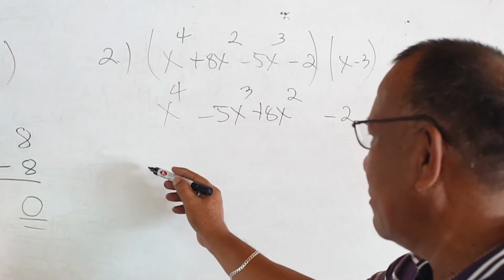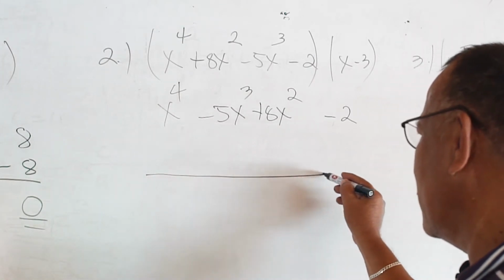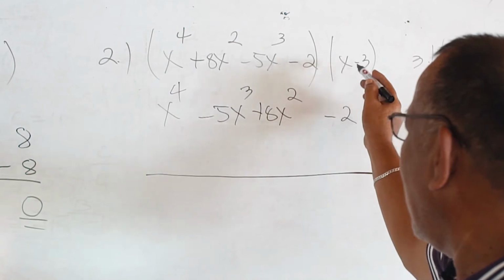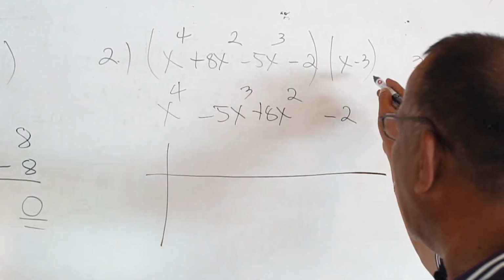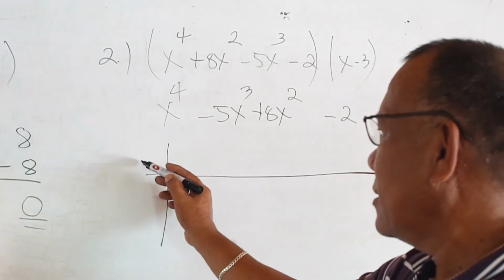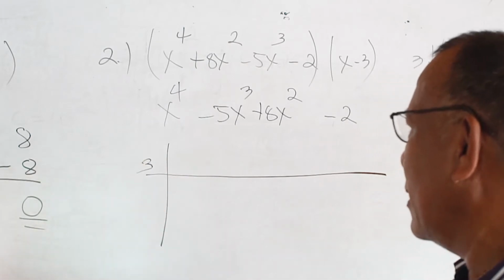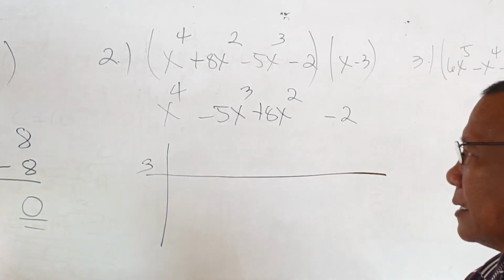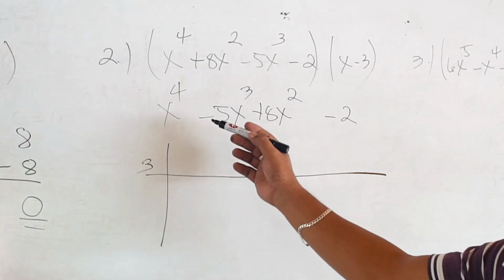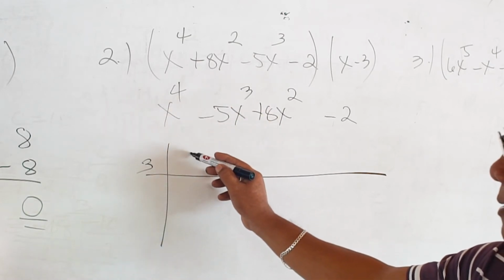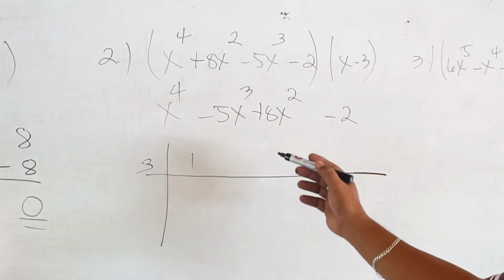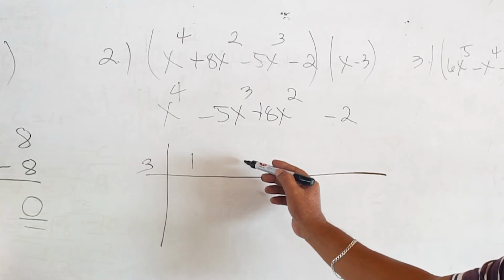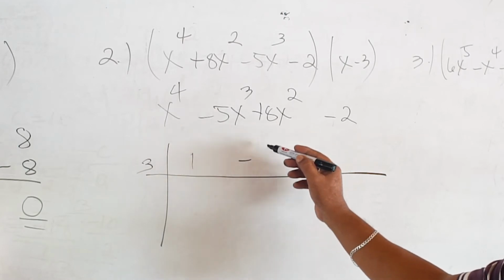Then use synthetic division. We have negative 3, it becomes positive 3. Then the numerical coefficient of the first term is 1. The numerical coefficient of the second term is negative 5.